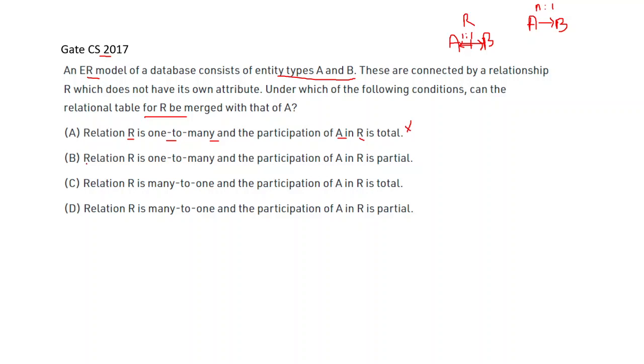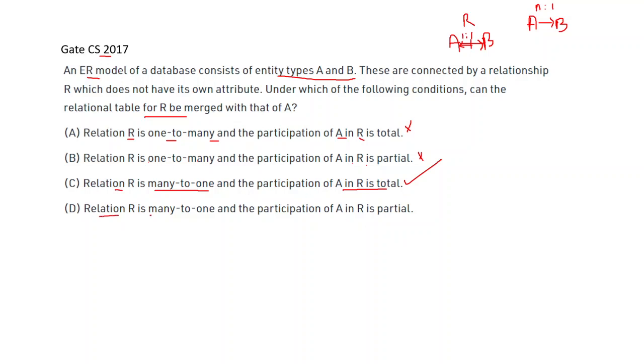Relationship R is one to many, and participation of A in R is partial. Again, no. Relation R is many to one, and participation of A in R is total. So of course this is the correct option.